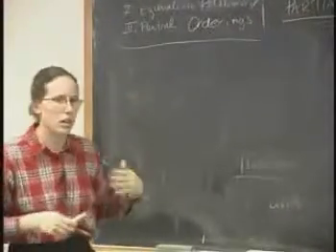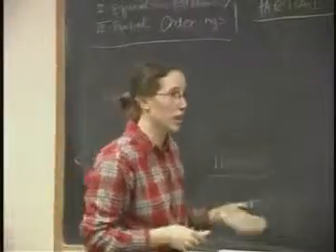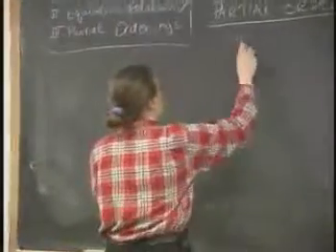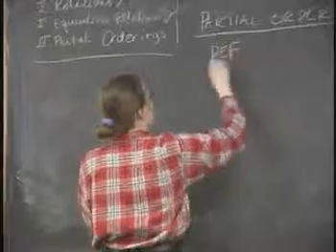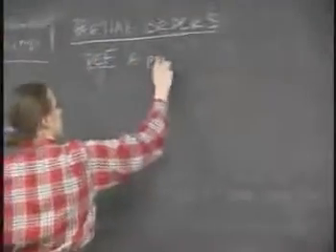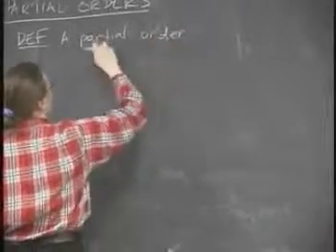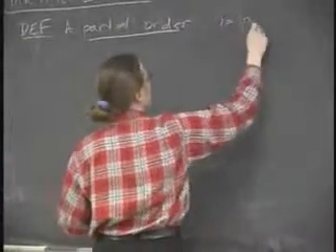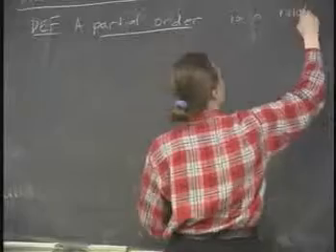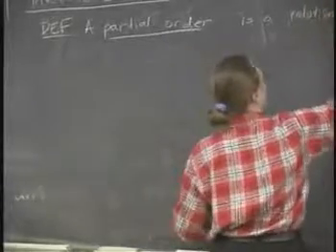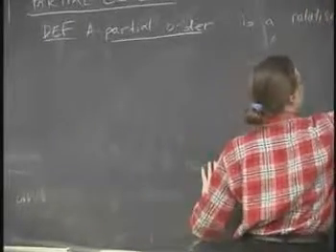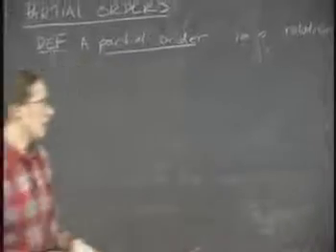A partial order is another kind of relation, rather. It's a relation that is antisymmetric and transitive.